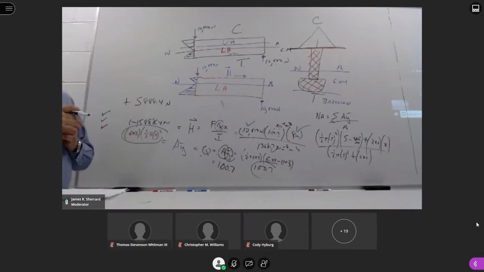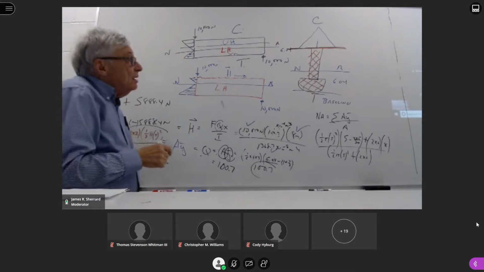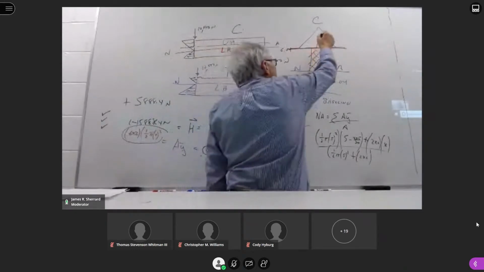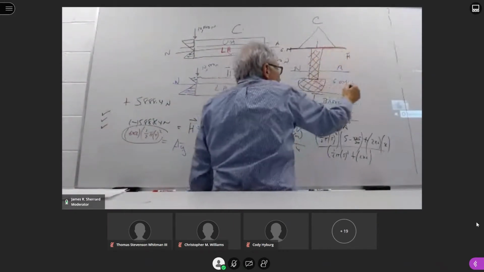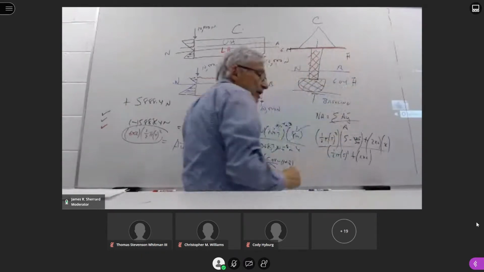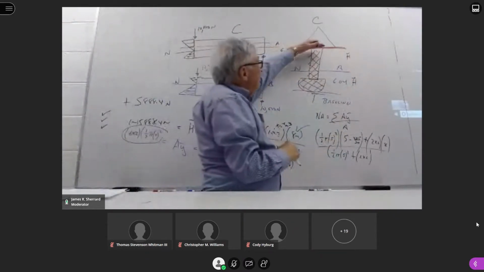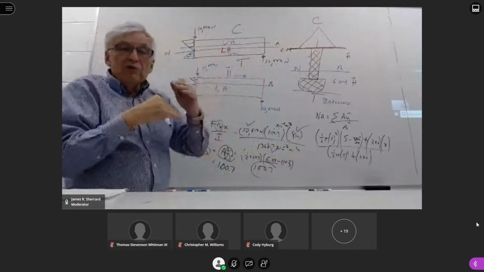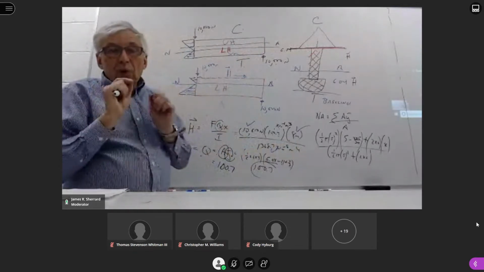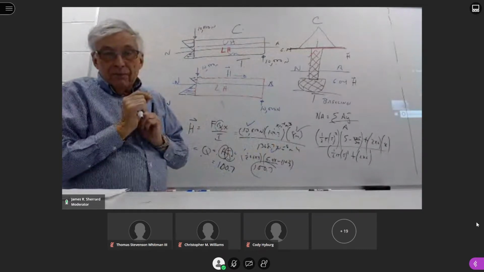What I wanted to show you is when you have the cut here, you can look at the upper half and calculate an H, or you can look at the lower half and calculate an H, and wherever you cut these, they have an upper half and a lower half, and those values must be equal and opposite because of equilibrium.